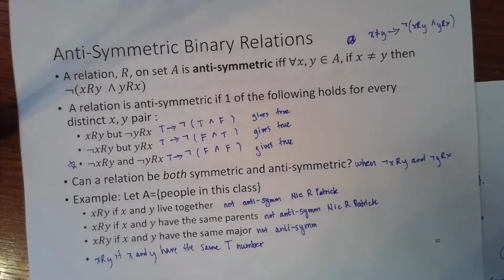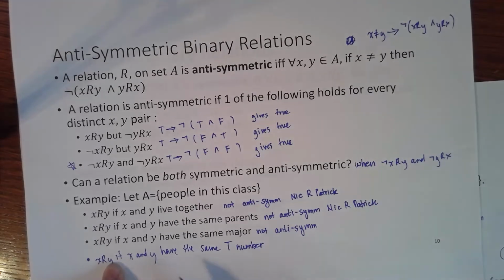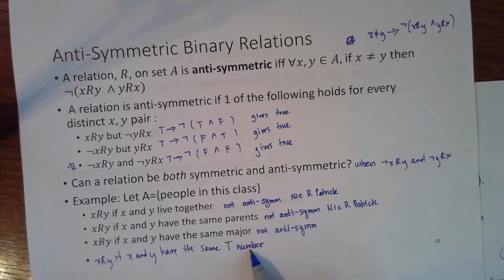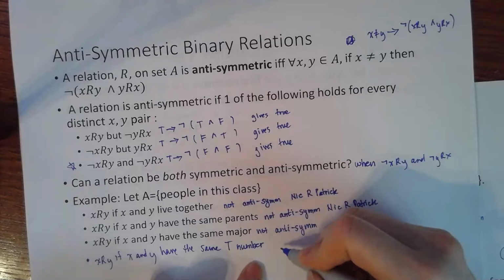So it's very hard, but I don't think they have the same T number. All right, so do they have the same T number? Well, there aren't any students in the entire class where they have the same T number. So this one would actually be anti-symmetric.